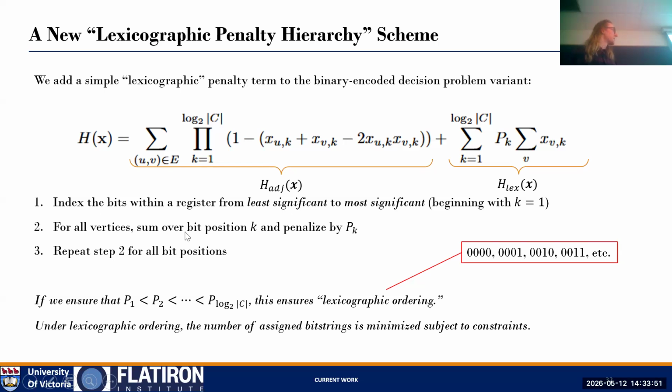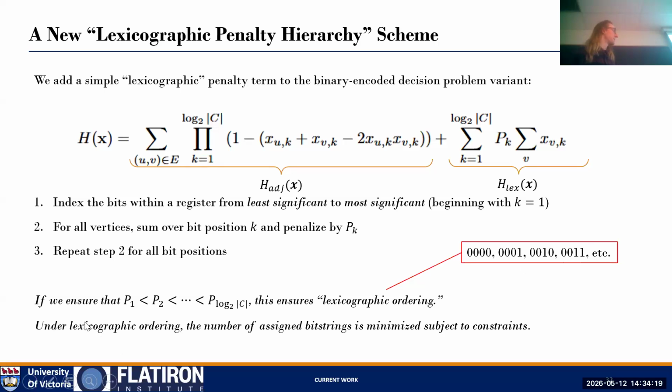And then for all vertices, sum over the bit positions k and penalize by some pk, repeating that step for all bit positions, such that if we ensure that the lowest significant penalty is less than the second lowest significance penalty and so on, this ensures lexicographic ordering, meaning that low significance bit strings are assigned with priority over higher significance bit strings.